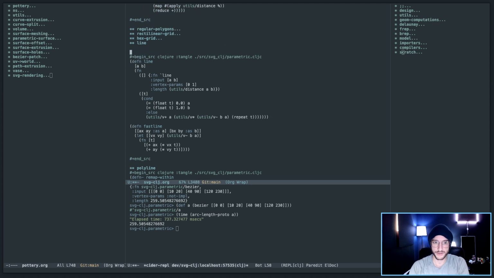But let me put a little note here. Line is a very simple parametric curve, but is used a lot in other contexts.